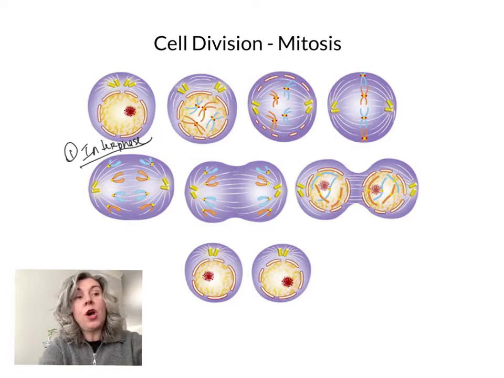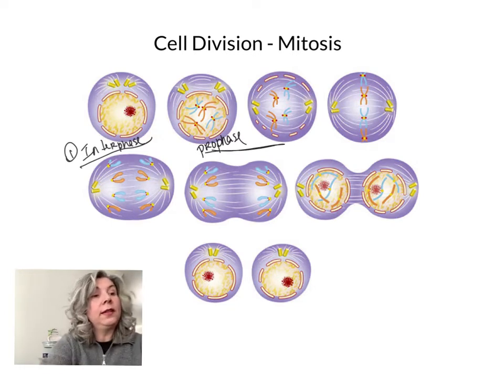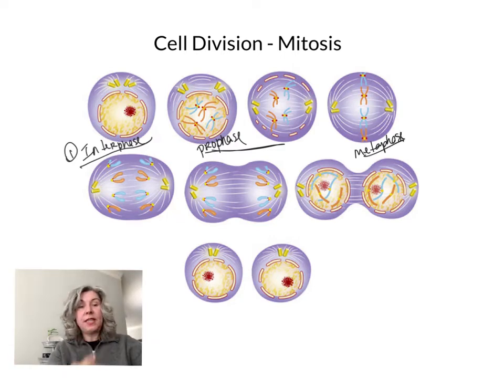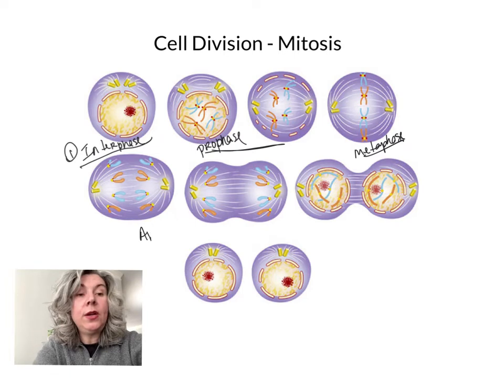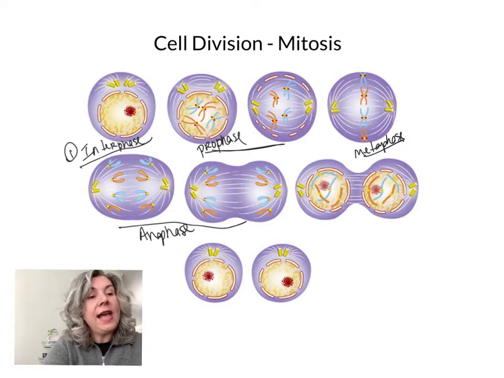The first is called prophase, and these two cells are in prophase. Next is metaphase, in which the chromosomes line up down the center. Then we enter what's called anaphase. These two cells are in anaphase. And the last stage is telophase.